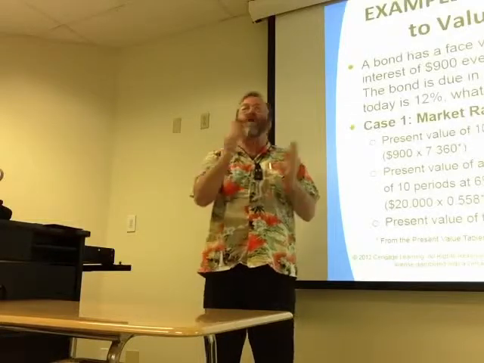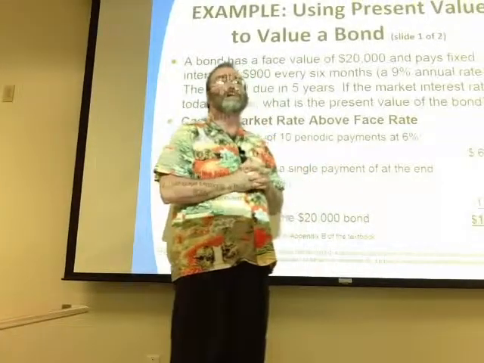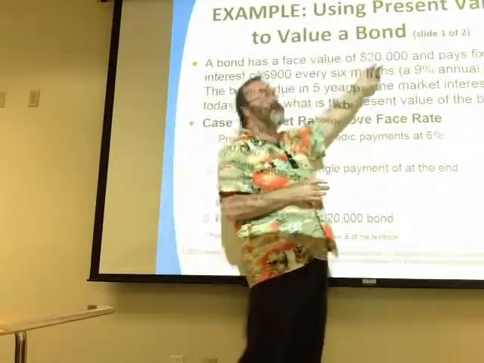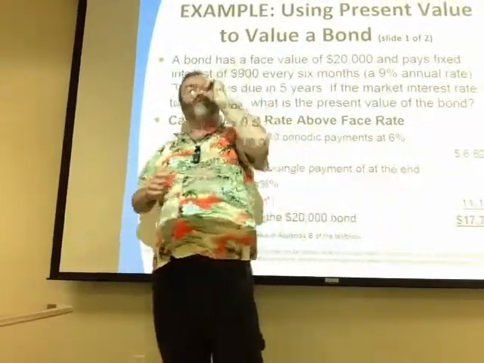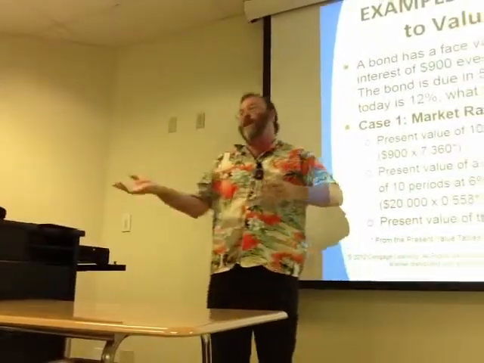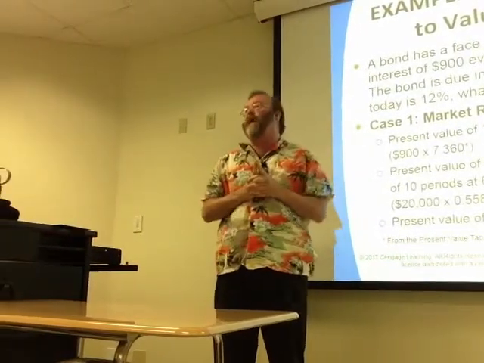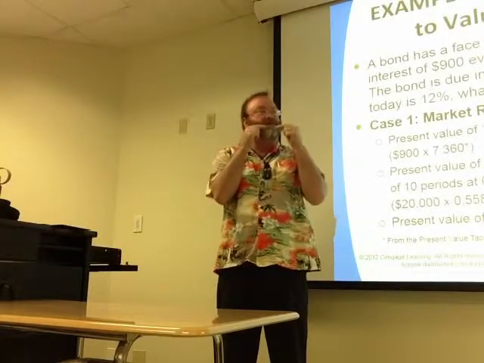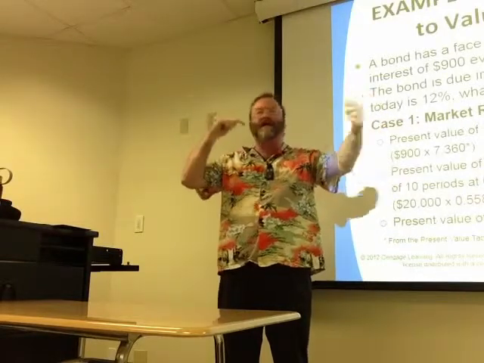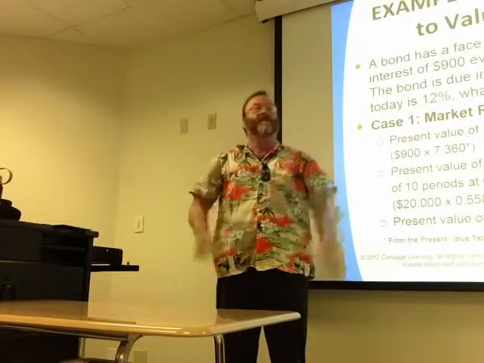All right? Because what will happen if you use the face rate? It'll be exactly the face value. In this case, we've got a $20,000 bond. If you were to use the face rate, which is 4.5%, so there's your problem already because you don't have a 4.5% factor in your tables. But if you were to use that, you would get a price equal to the face. It would be exactly $20,000 because at that point the market rate, which you should have used, and the face rate, which you accidentally used, are the same.